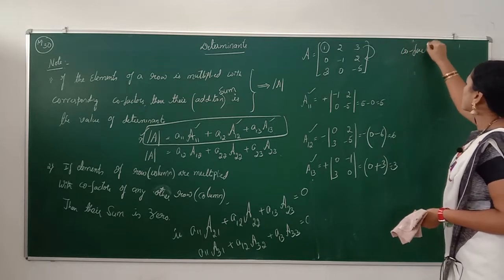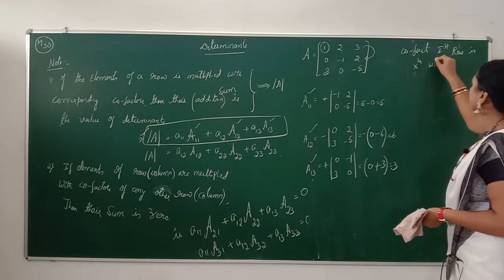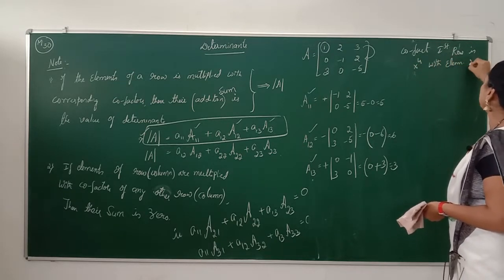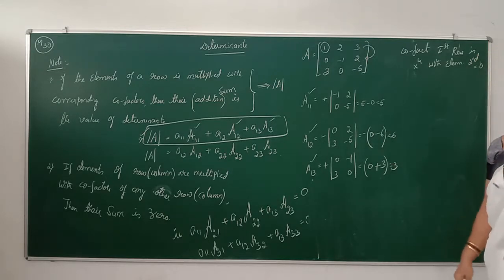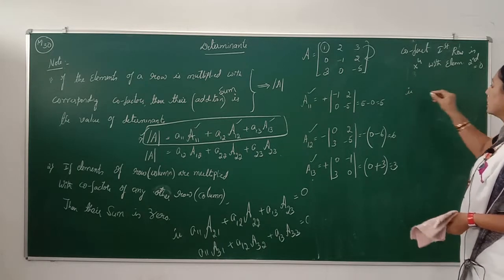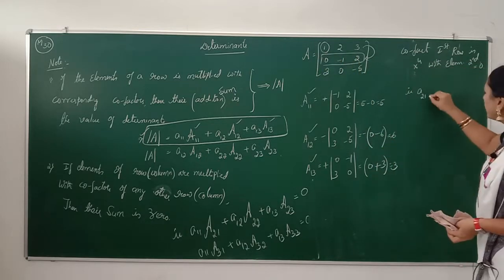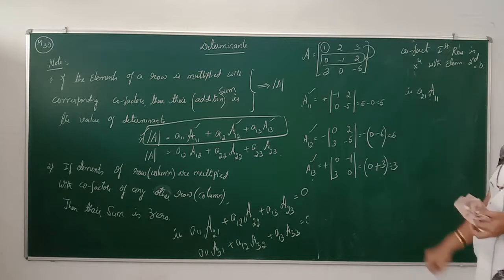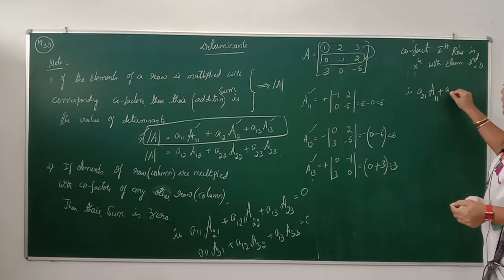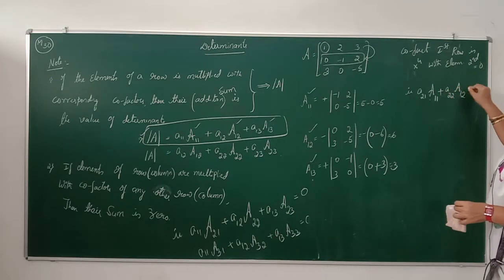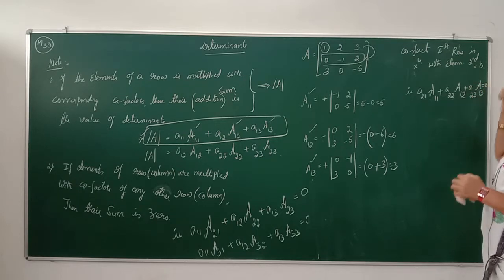Cofactors of the first row are multiplied with elements of the second row. Then the sum is nothing but 0. That can be written as a21, the element of the second row, into capital A11, the first cofactor of the first row, plus a22 into A12 plus a23 into A13, which will be equal to 0.